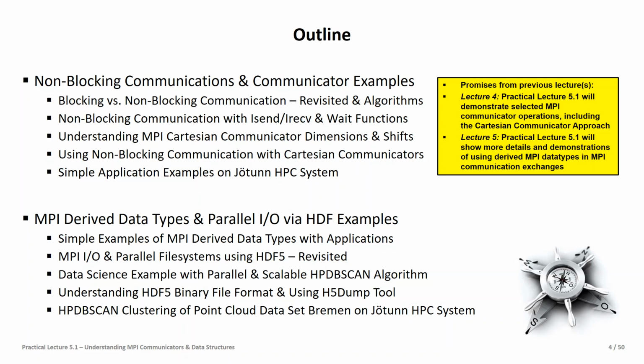And then we talk a little bit about the MPI-IO and parallel file system approach of HDF5, which we already conceptually established, being more or less, from the HDF5 point of view, a file system in a file system.